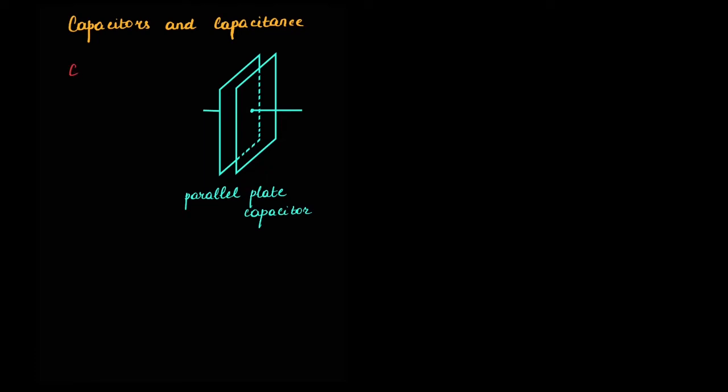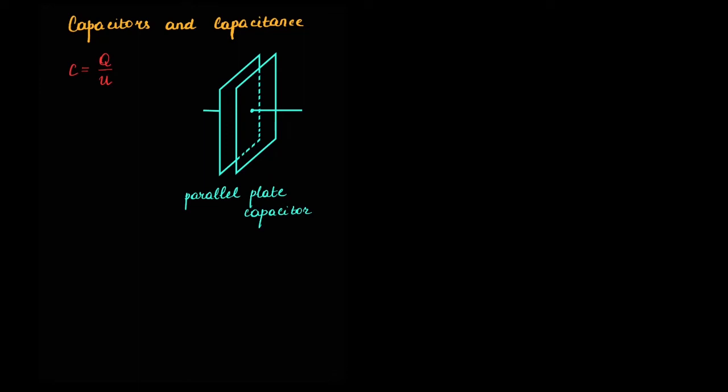This capacitance is defined as the maximum charge that could be stored in the capacitor if the voltage between the plates is U. So it is the maximum amount of charge per unit volt.